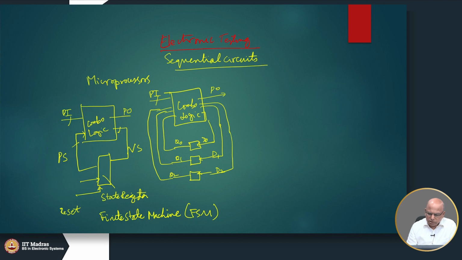So, what might happen is when the primary inputs are changed, there are the outputs here, the state outputs, the next state outputs. There is some delay.